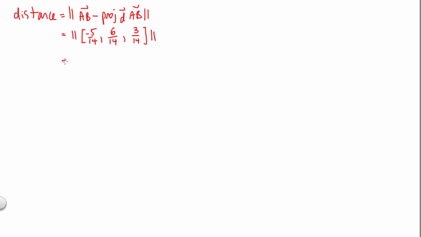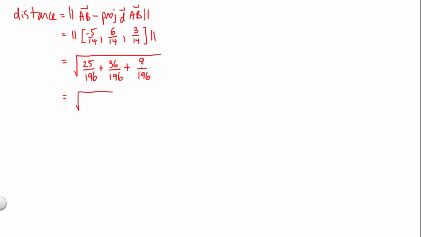So according to our formula for distance, we're going to take the square root of the following expression. We're going to go through and square each of the components, so we'll watch our signs here. The first component squared is going to give us 25 over 196. And we're going to add up this sum of the squares. So the next component gives us 36 over 196. Last component, 9 over 196.